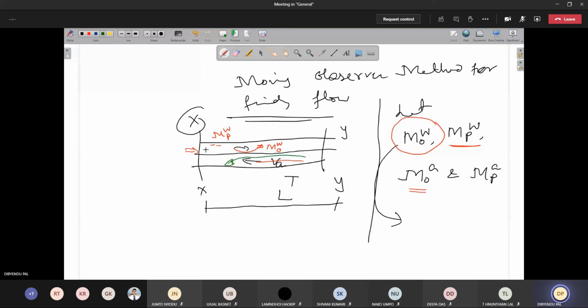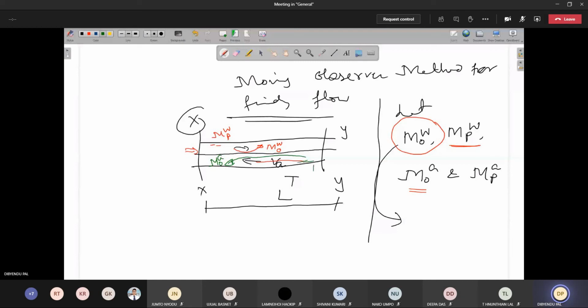Because I am interested to find out the stream flow for this stream, that is X to Y. So when the test vehicle was coming in this direction, how many vehicles have overtaken? This is denoted by MOA, and this is the number of vehicles that the test vehicle has overtaken or passed against the stream.